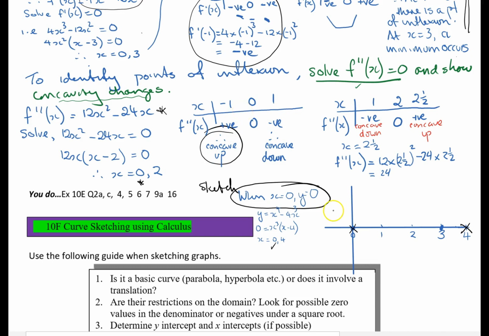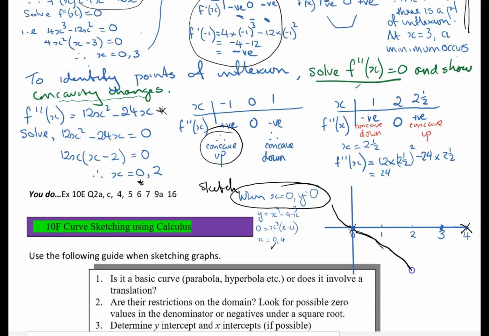Before it, it was concave up, and after it, it is concave down. We're going concave down all the way to 2, and at 2, we've got another point of inflection, and even at 2.5, we've got to be concave up.